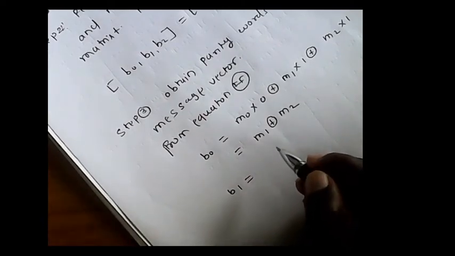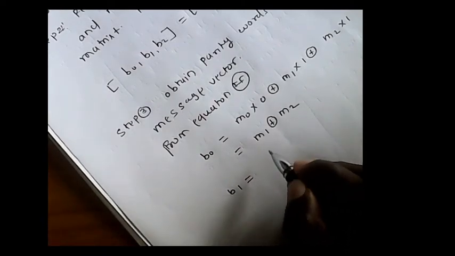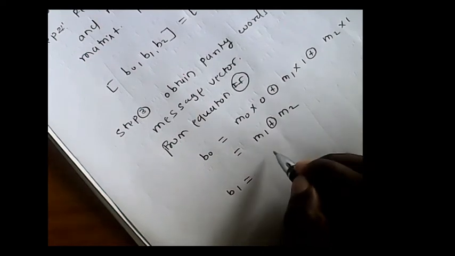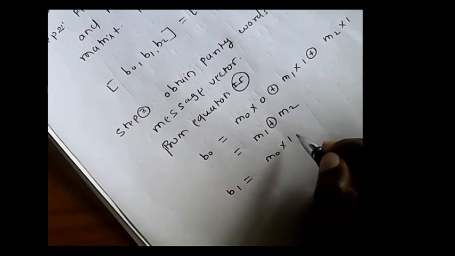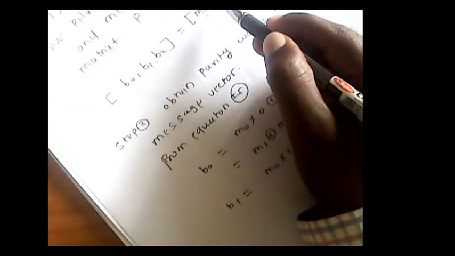Similarly we can find out the parity vector B1 bit, which is given by M0 into 1. We can take a matrix multiplication, row and column.